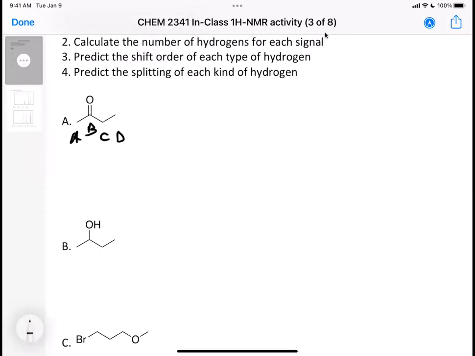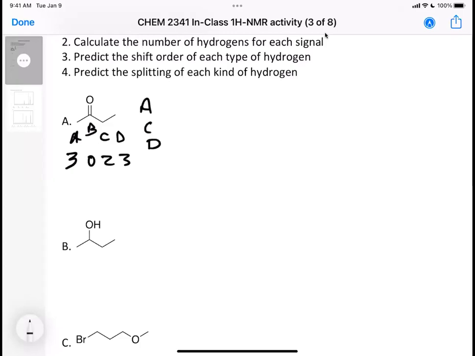On carbon B, how many hydrogens do we have? 0. So are we going to get a signal for carbon B? No. Cool. Carbon C has how many? 2, and carbon D has 3. So we have 3, 0, 2, 3. That means we're only going to get peaks for A, C, and D.